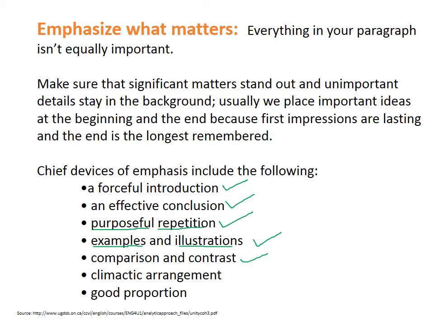Maybe you want to start out with the biggest detail up front and then work your way down, or you want to start with details and lead up with suspense to a big event that may be happening. And then good proportion. Sometimes I see a paragraph that's just one or two sentences long, and then the next one will be at least ten sentences, and there's not good proportion in those points. The main points need to be balanced.